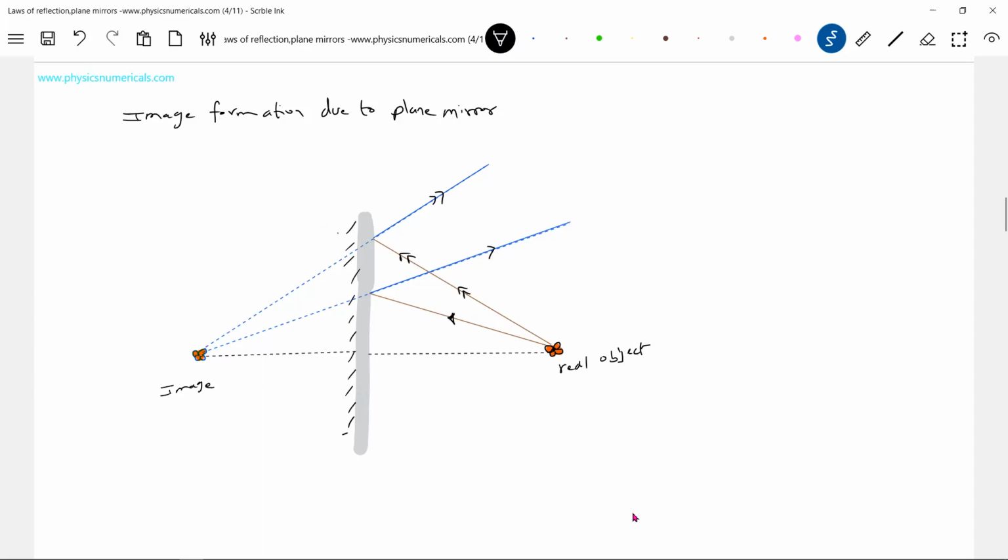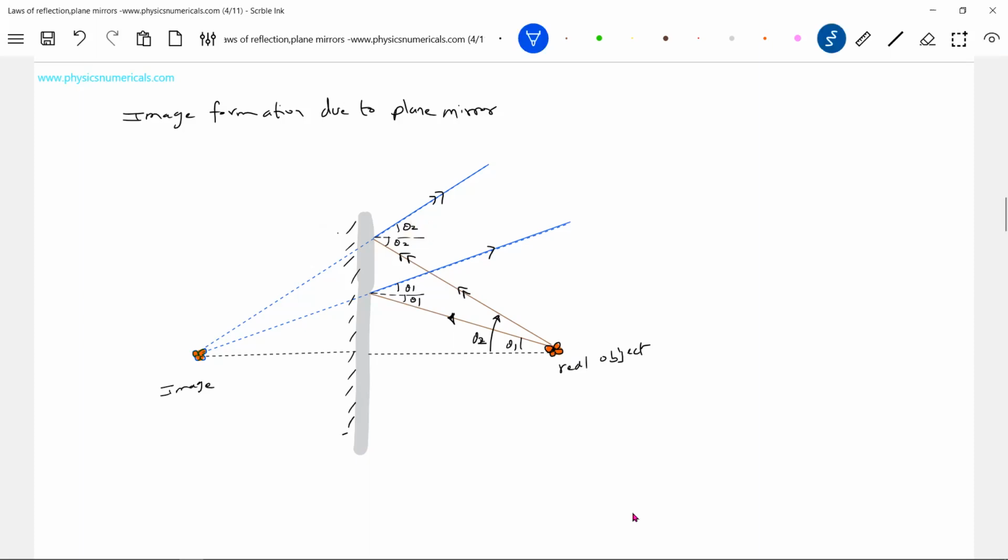From the laws of reflection, this will be the angle of incidence, say theta 1. This will be the angle of reflection, theta 2. Angle of incidence should be equal to angle of reflection.